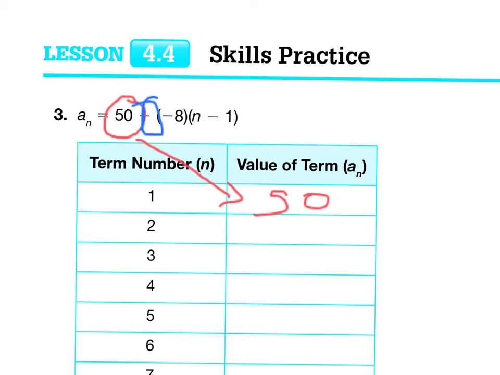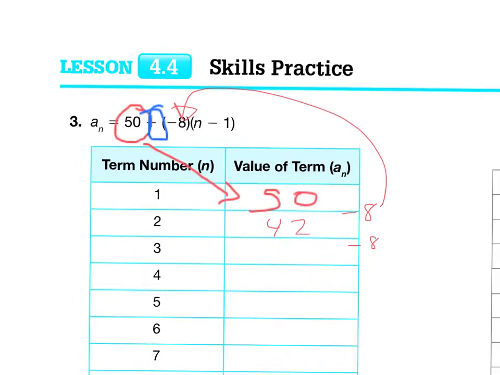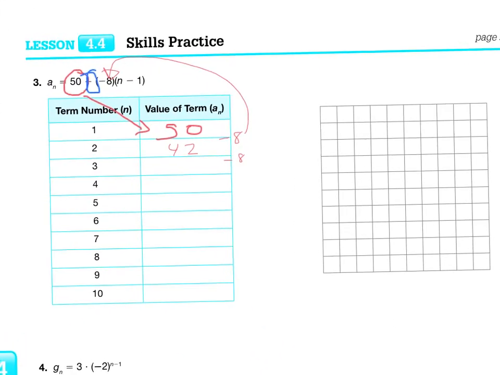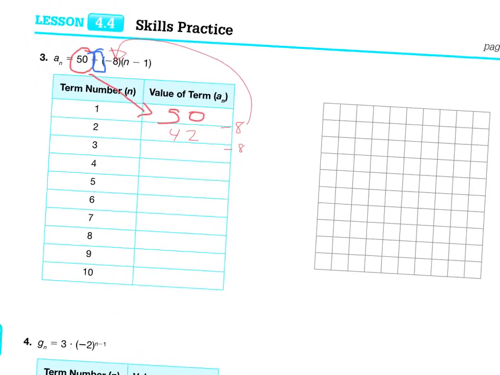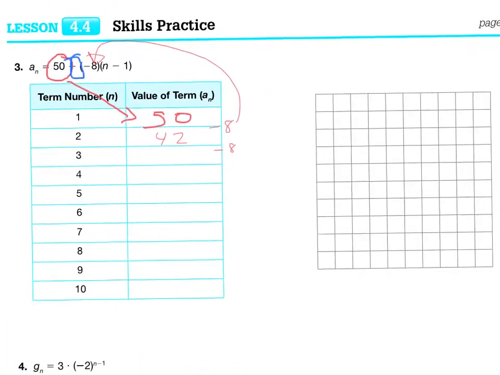The second one is going to go down 8, so that's going to be 42. This number tells you how much it's changing by. The next one would be 8 less than 42, which I forgot, so you figure that out. Finish the rest of this and then graph it.